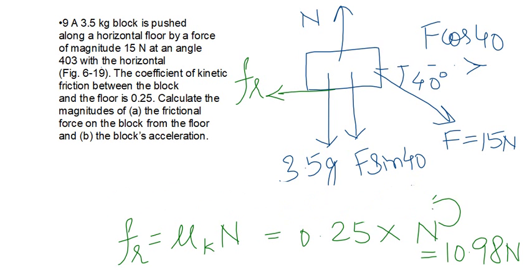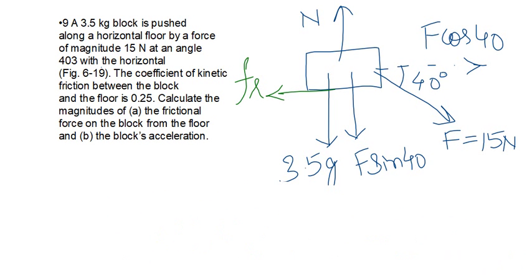Now what is the acceleration of the block? So there are two forces acting on it horizontally. One is F cos 40 and the other is the frictional force.